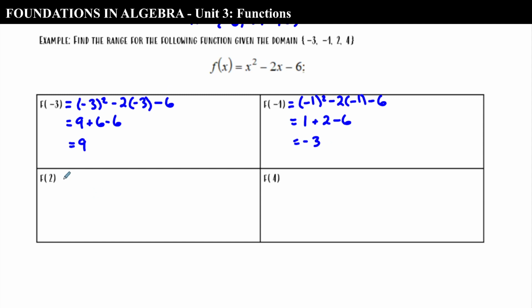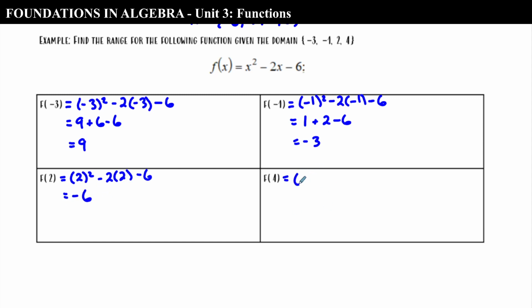For f of 2, we're going to have 2 squared minus 2 times 2 minus 6. That's 4 minus 4 minus 6, which gives us -6.